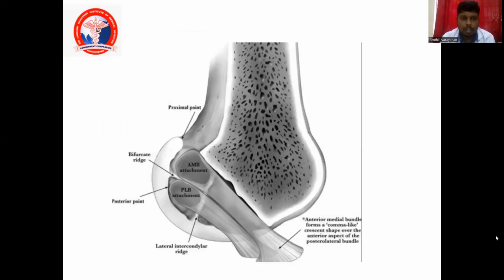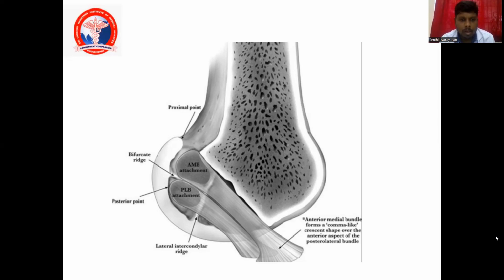So this is a picture of the distal femur in a sagittal cut. You can see the lateral intercondylar ridge, which is marked and shows the anterior border of the ACL. And this is the bifurcate ridge, which separates the anteromedial bundle and posterolateral bundle.